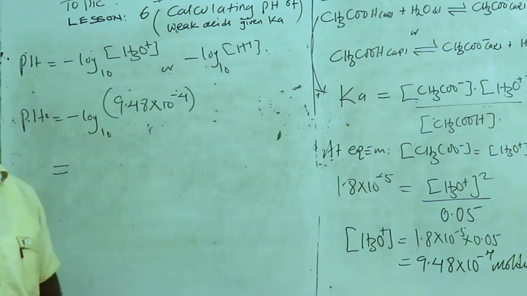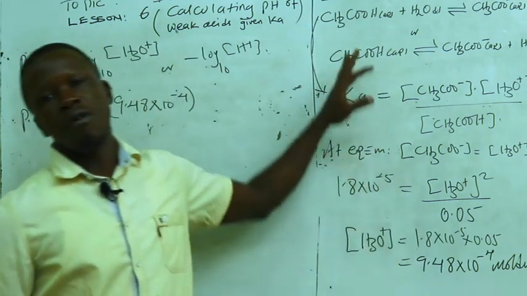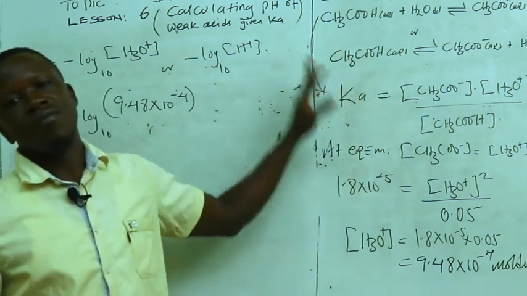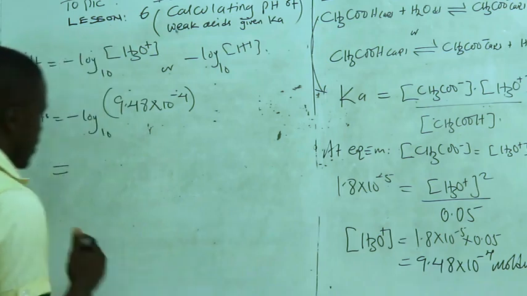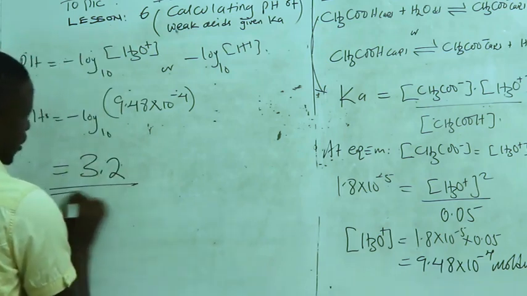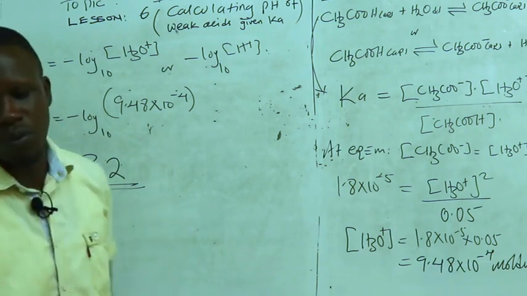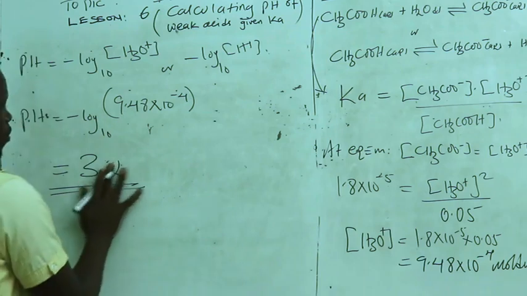Now, a hint. Since these are weak acids, the value of pH we get must be less than 7. You can try and prove it; I got 3.02 when I pressed it using the calculator.